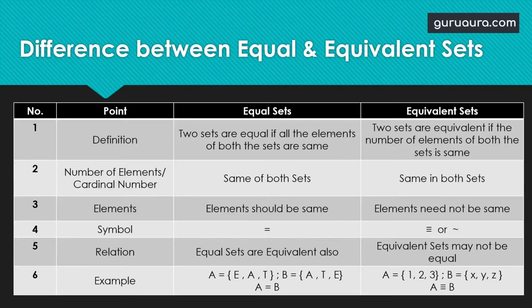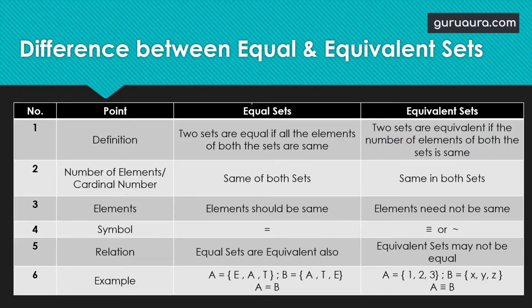Let's see common differences between the equal and equivalent sets. Firstly, two sets are said to be equal if all the elements of both the sets are the same, whereas two sets are equivalent if the number of elements of both the sets is the same.